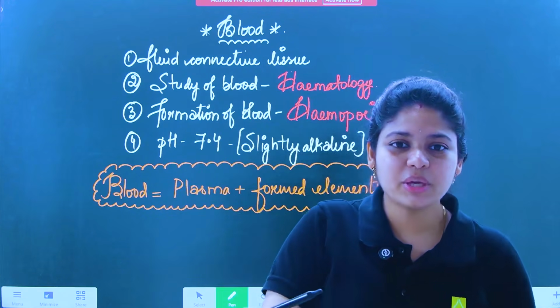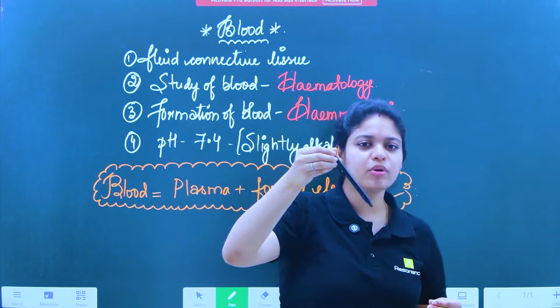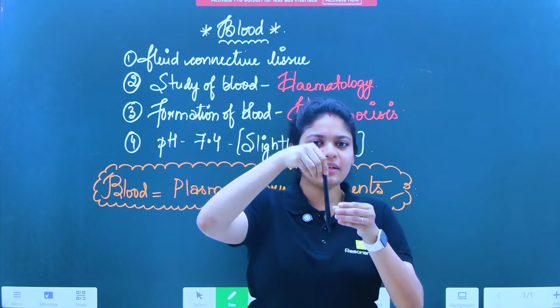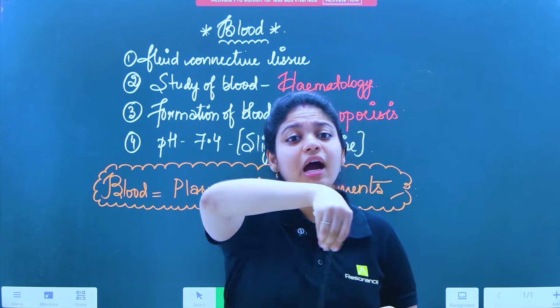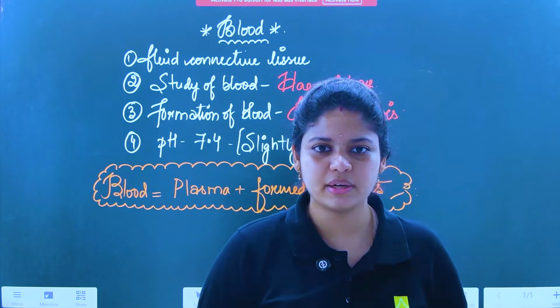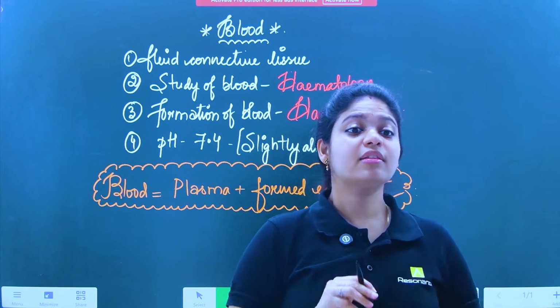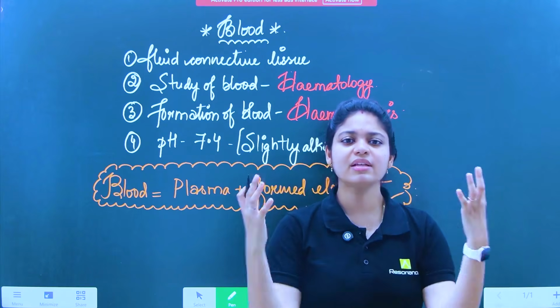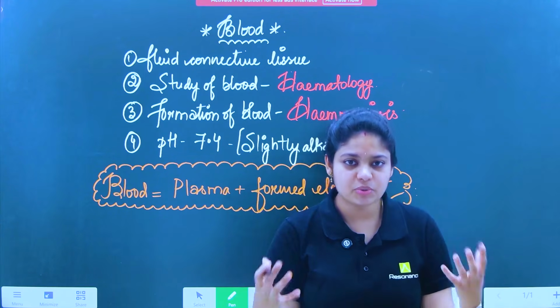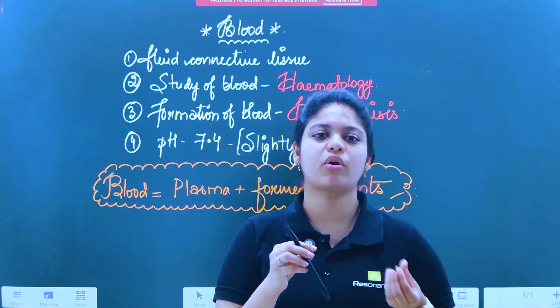Now, centrifugation is a process in which the blood taken into the test tube is rotated at a very high speed. This process is called centrifugation. There is a centrifuge chamber in which there are sockets.